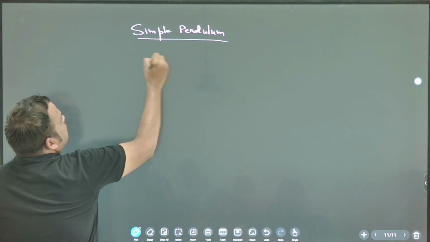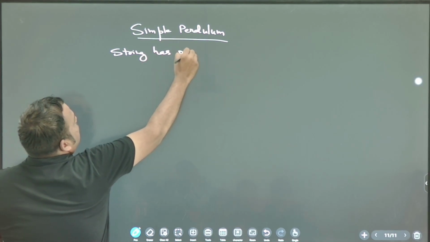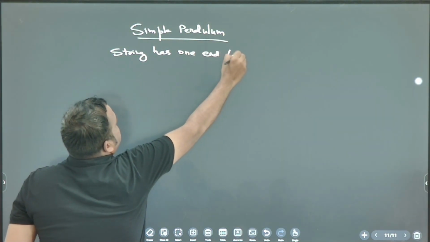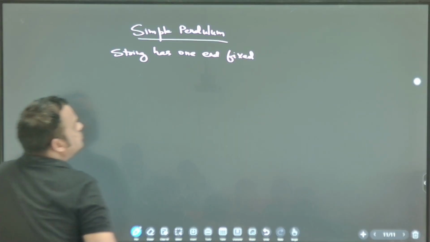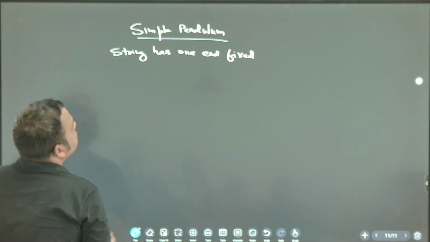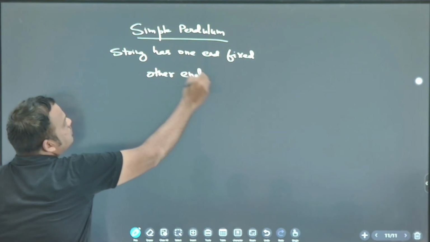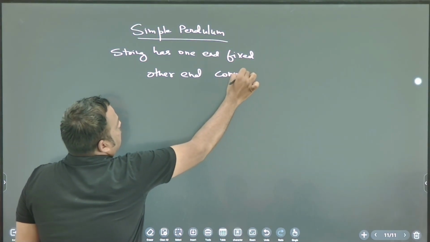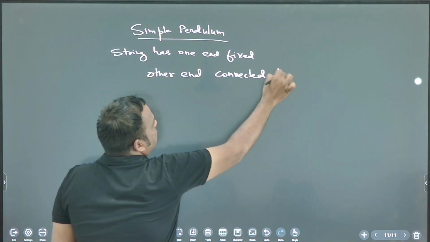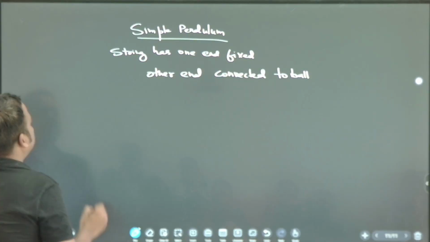So note down, a string has one end fixed. Other end connected to ball.